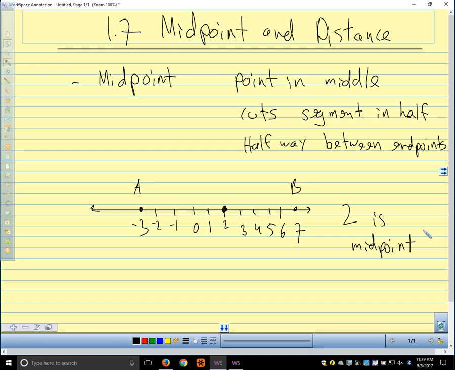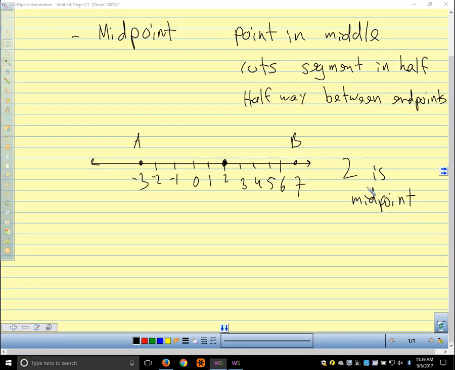But there's an easy way to do it. The middle is the average. So the middle between two numbers is the average. And that's how we're going to calculate midpoint.